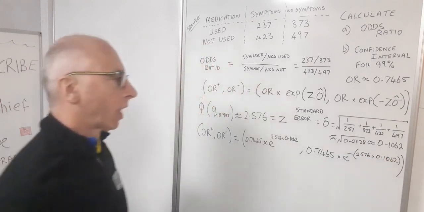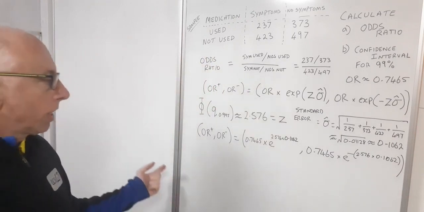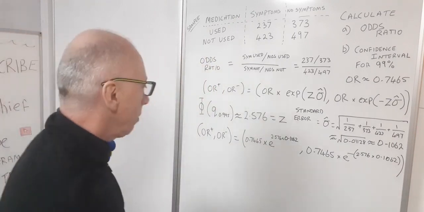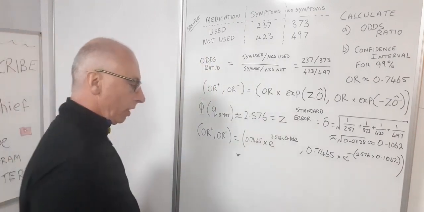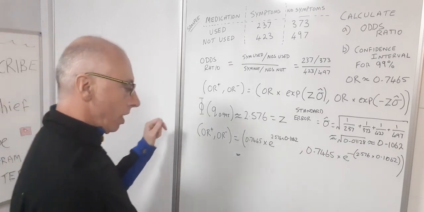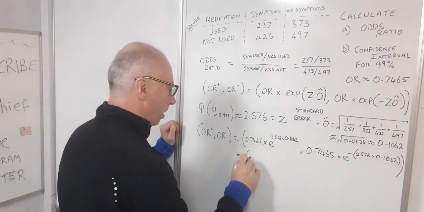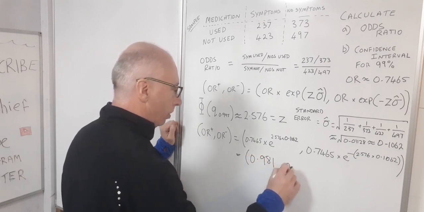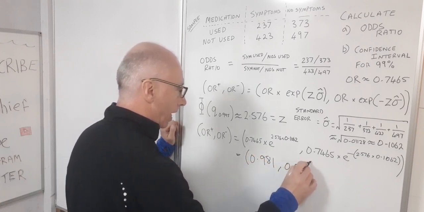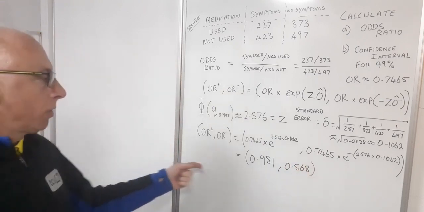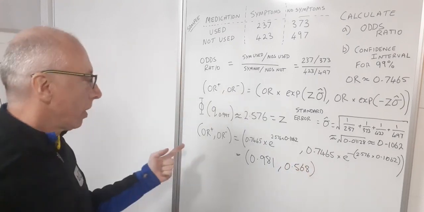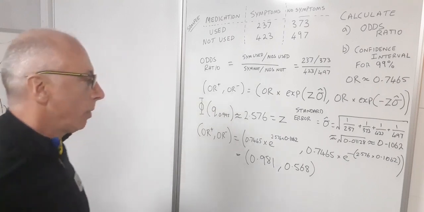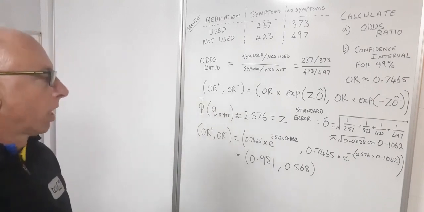Okay, right, so plug these into the calculator and we should get an upper and lower boundary of approximately 0.981 and 0.568. So you can put those into your calculators and check to see if I've got it right, but that's what I got earlier when I checked these figures out.